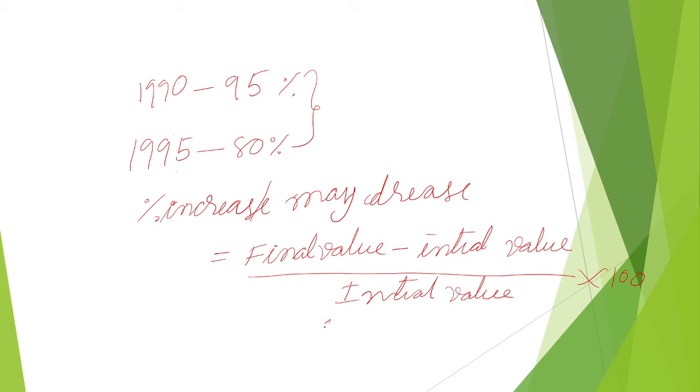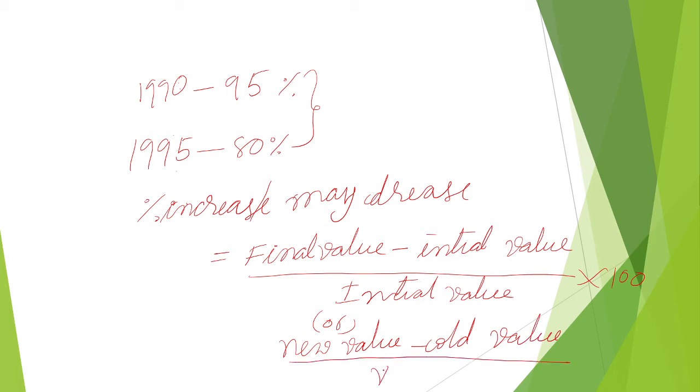We can also say it like this: new value minus old value, by old value, into 100. That means here 1990 is the old value, because we are finding the difference, how much it has increased or decreased compared to this year.